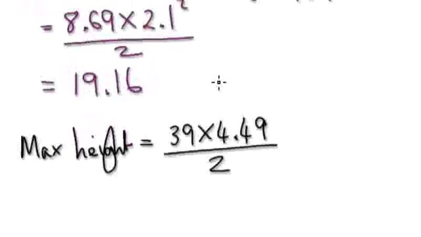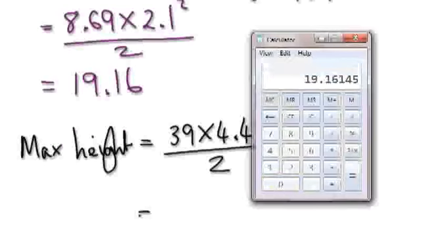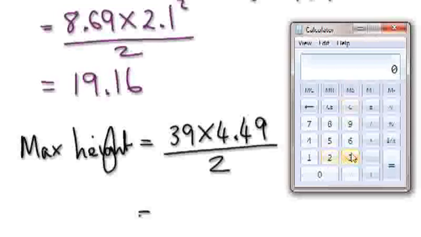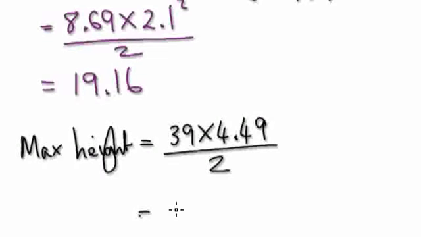Jump to the calculator. Clear. Okay, so 39 times 4.49 equals this, divided by 2 equals this. So 87.56, rounded off to 2 decimal places.